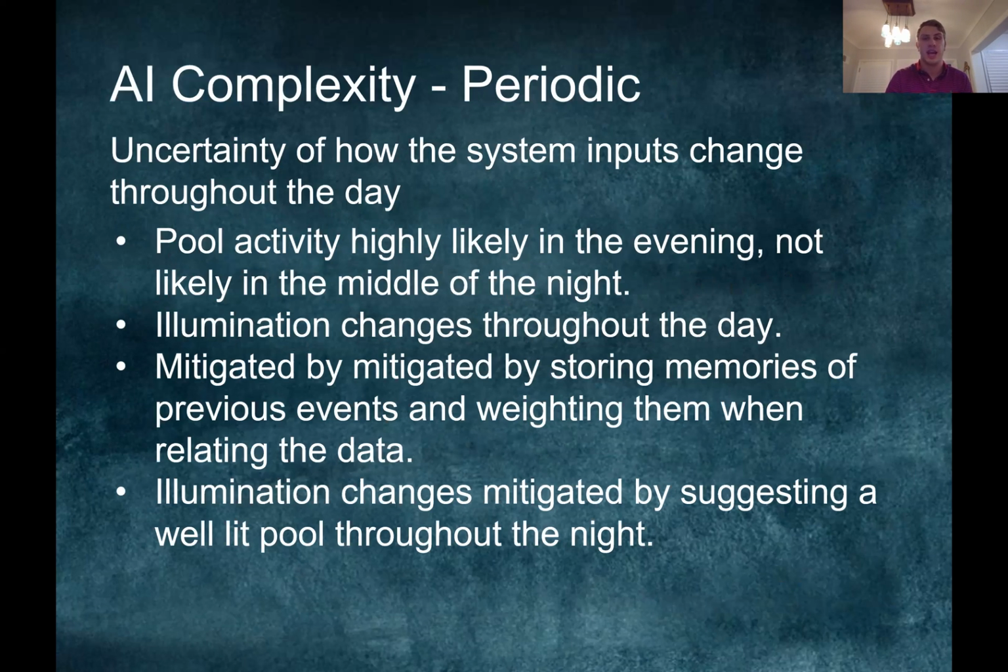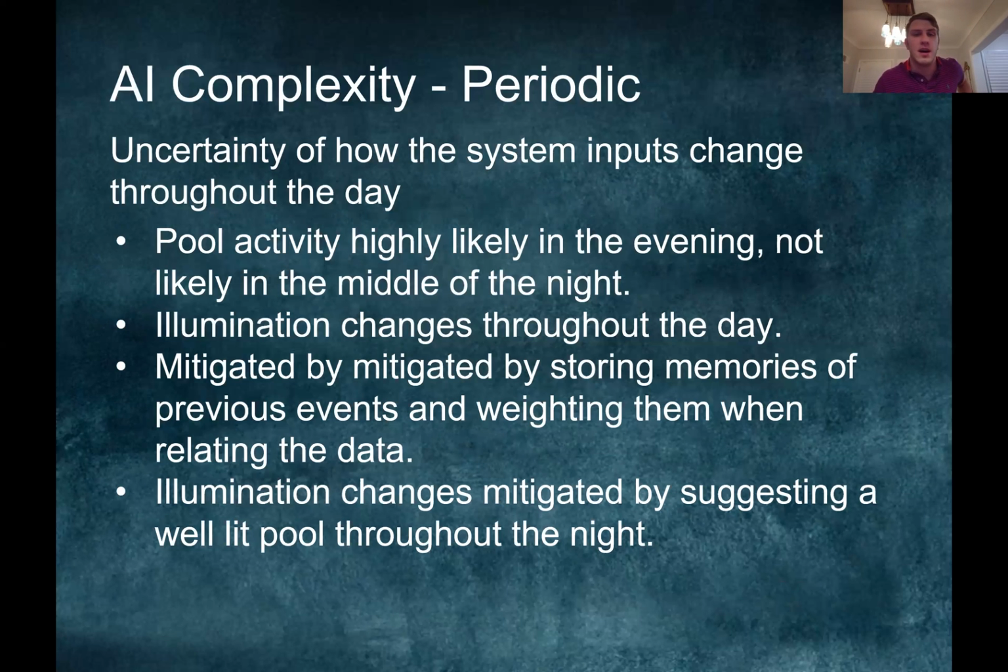Periodic complexity is a serious problem with this system. Pool activity changes throughout the day. It can be highly likely at, say, 6 or 7 o'clock in the evening, but really unlikely to have activity at 4 a.m. So things like that have to be planned for and assumed. Along with that, illumination changes constantly from sunrise to sunset.